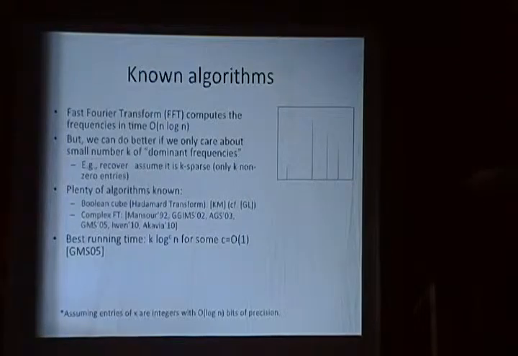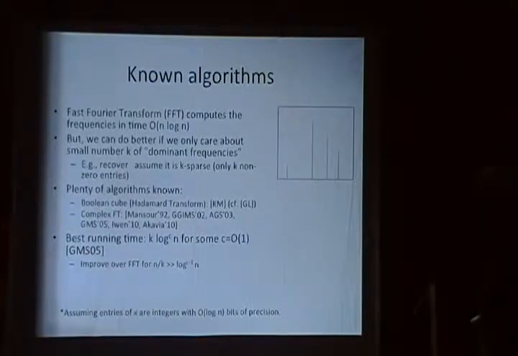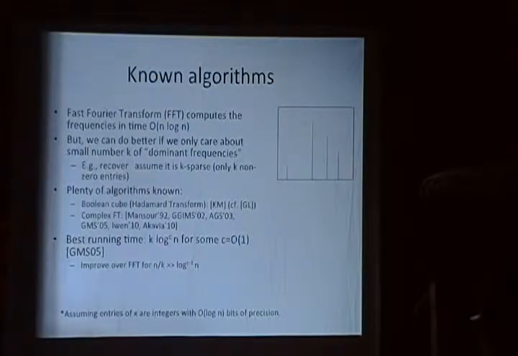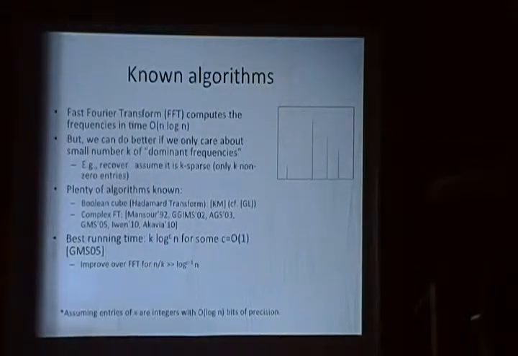Now, the interesting thing about this result is that it is actually faster than FFT as long as the ratio of n to k is at least some polylog of n. So as long as k is smaller than n over polylog, for some power of the logarithm, then this running time is faster than n log n. Basically, the question is how many logs we need to go down in order for this to be smaller than that.